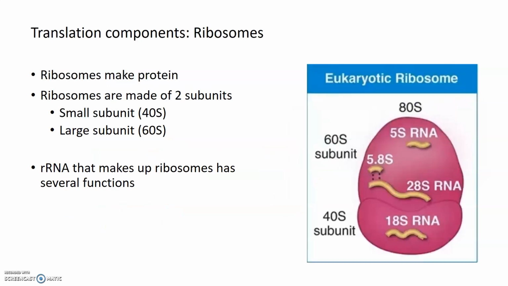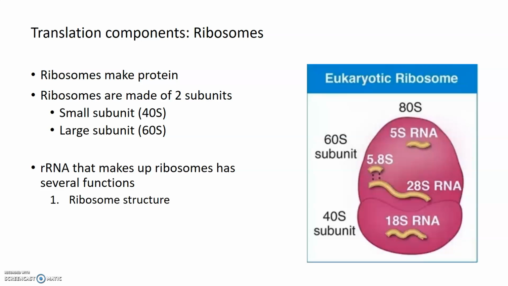Additionally, the enzyme that really does translation is the ribosome. Ribosomes are here to make protein. Eukaryotic ribosomes are made up of two subunits, a large subunit, or the 60S subunit, and a small subunit, or the 40S subunit. These ribosomes are made up of different types of RNA, and this RNA can have several functions.